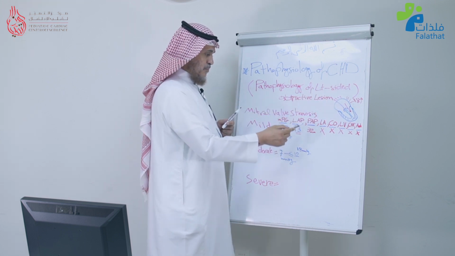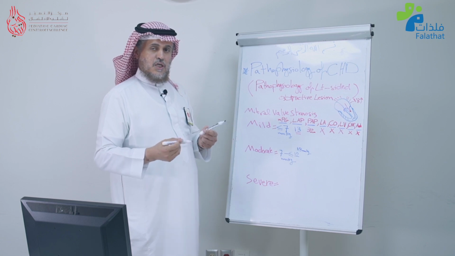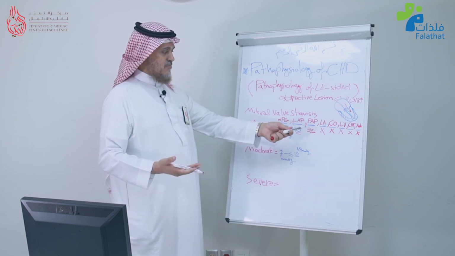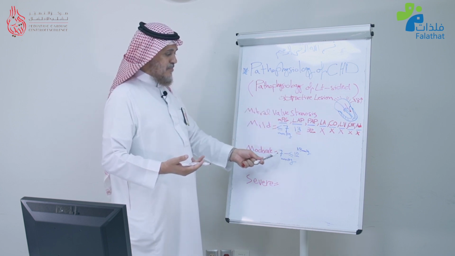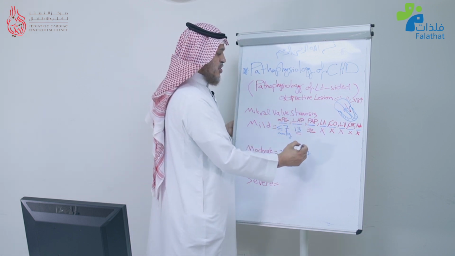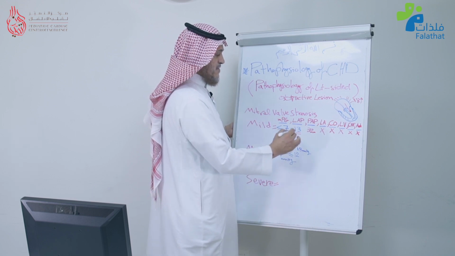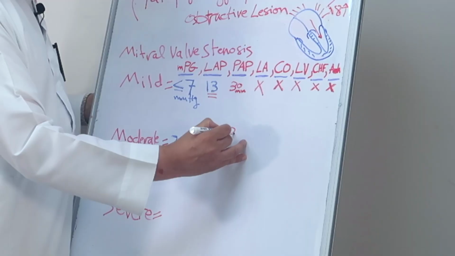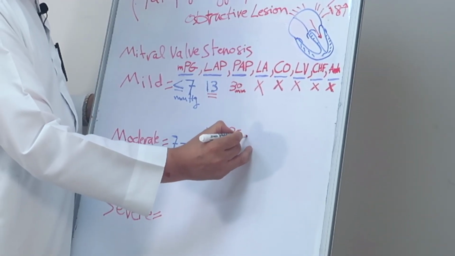We know that the PA pressure normal is about 15 to 25. We chose last time to take the higher number, 25. So 25 plus the mean of 10, then your PA pressure in a moderate mitral valve stenosis, mean PA pressure, will be around 35 millimeters of mercury.